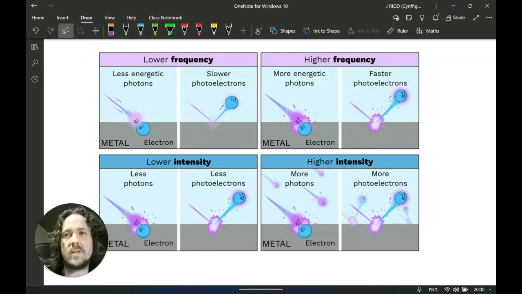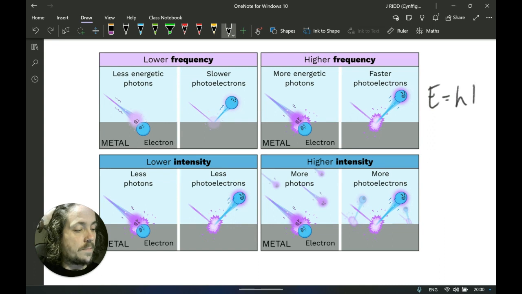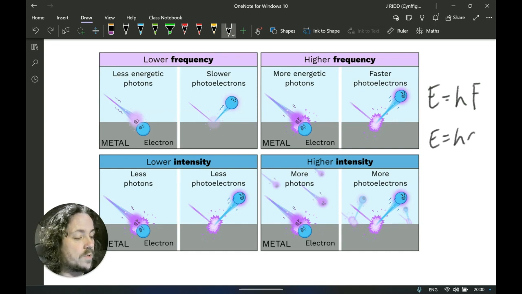But even a low intensity UV light is able to do so. And it comes back to that formula which we mentioned earlier on, E is equal to hf, in which the energy of every individual photon is given by its frequency, or if you like, to rewrite it, by its wavelength, or the inverse of its wavelength.